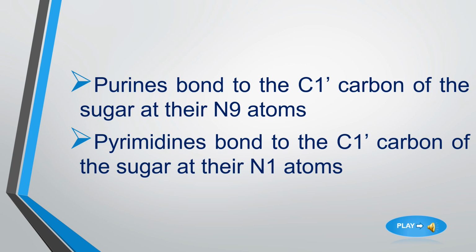In pyrimidine, the nitrogen in the first position of the ring is bonded with the first carbon of the sugar by a glycosidic linkage.